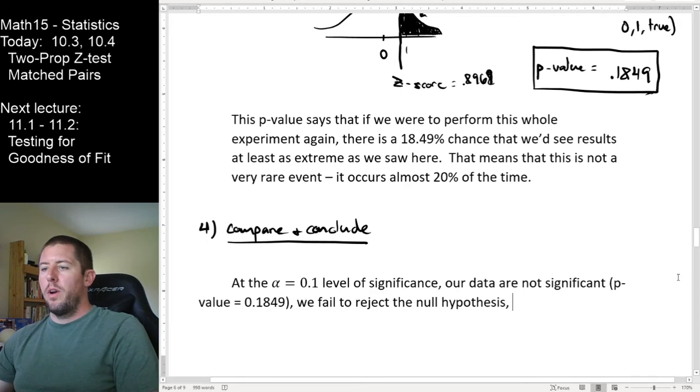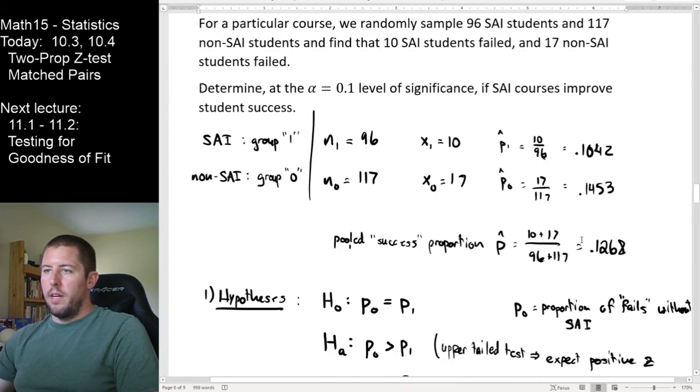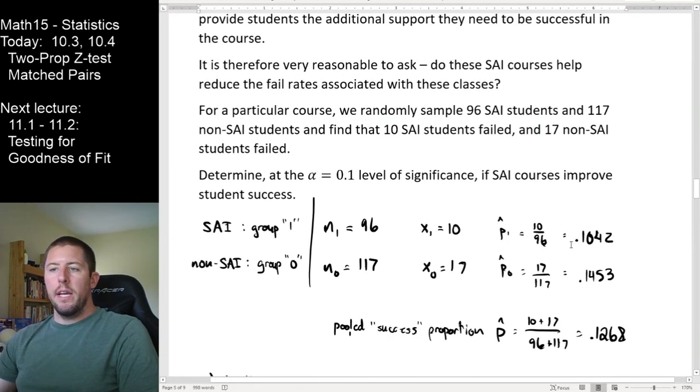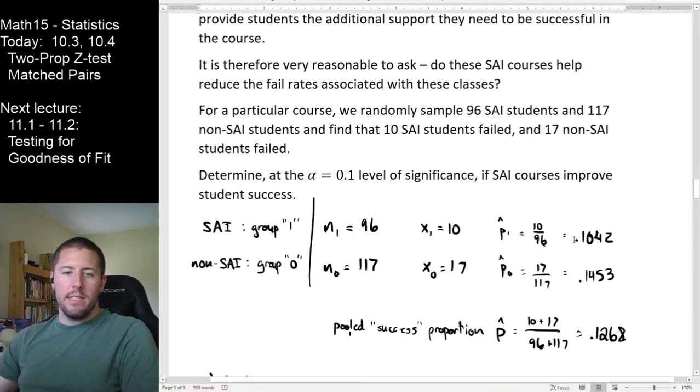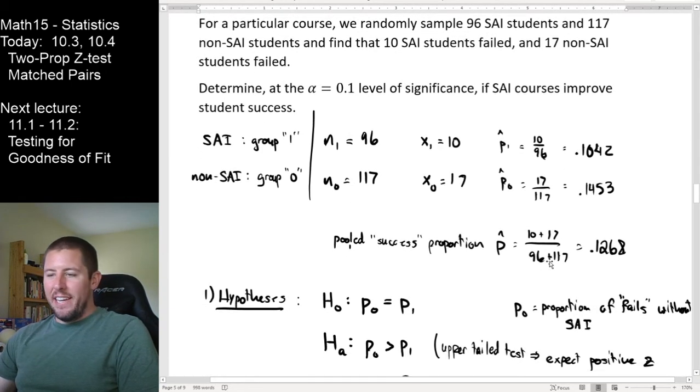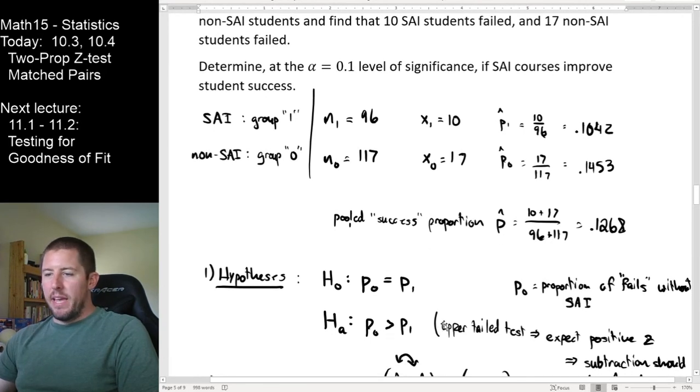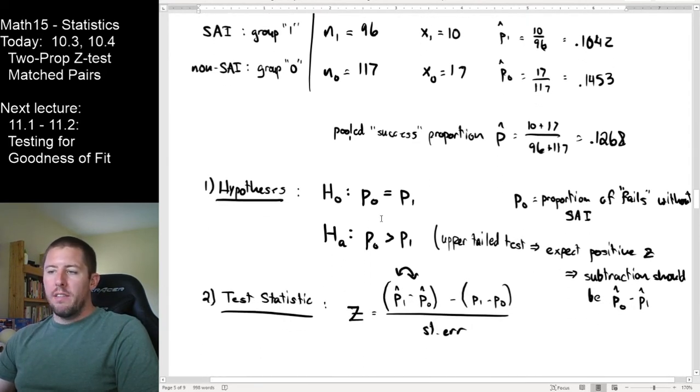And what was it that we were trying to conclude here, right? Let's remember what this was all about. This was determining, does the SAI class help people fail less often? And the answer here is, it doesn't necessarily seem like it. We were hoping to show that the fail rates for the non-SAIs were larger than the fail rates for the SAI students, and we just didn't have enough evidence to show that.